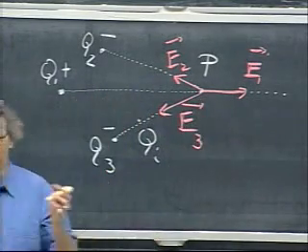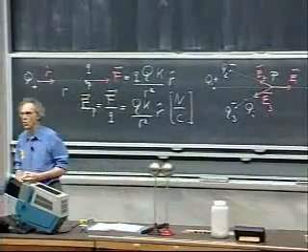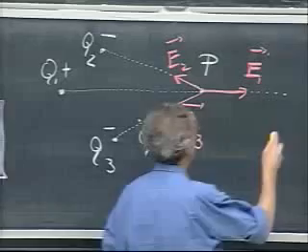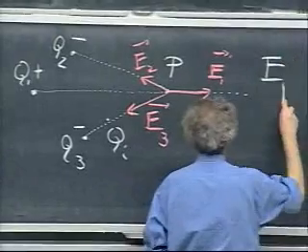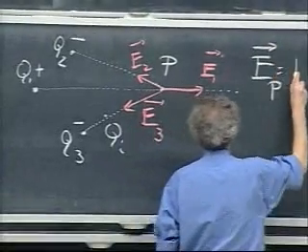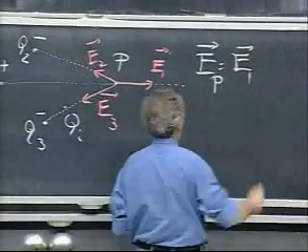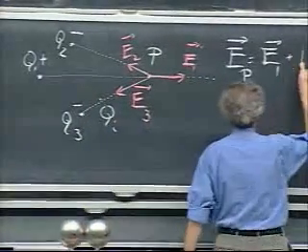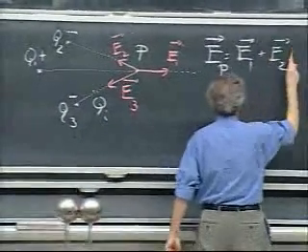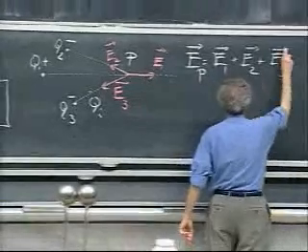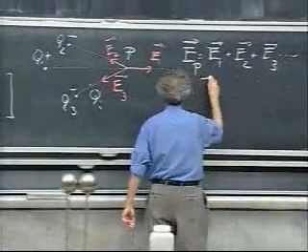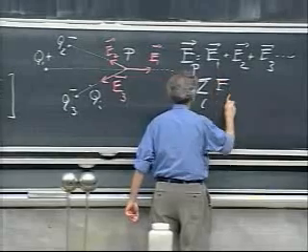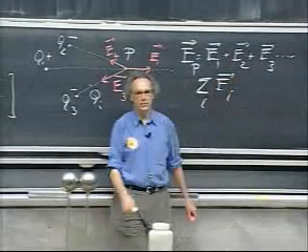And now we use the superposition principle, as we did last time with Coulomb's law, that the net electric field at point P, it's a vector, is E1, the influence of charge Q1, plus the vector E2, plus E3, and so on. And if you have I charges, it is the sum over all I charges of the individual E vectors.